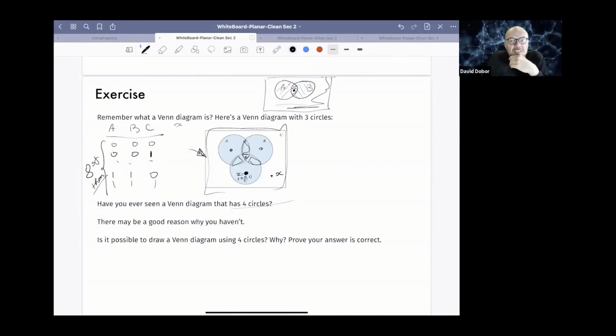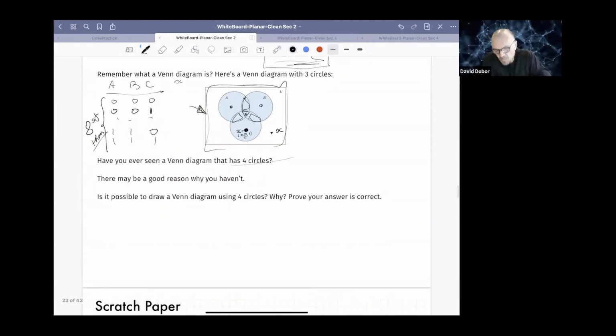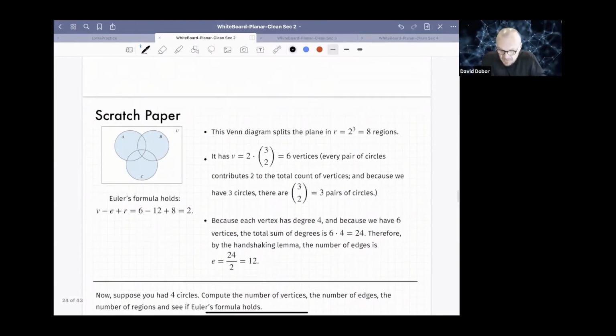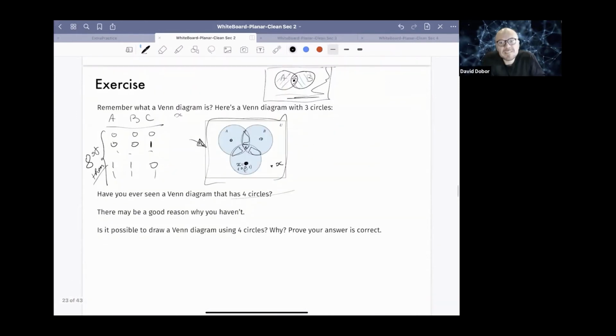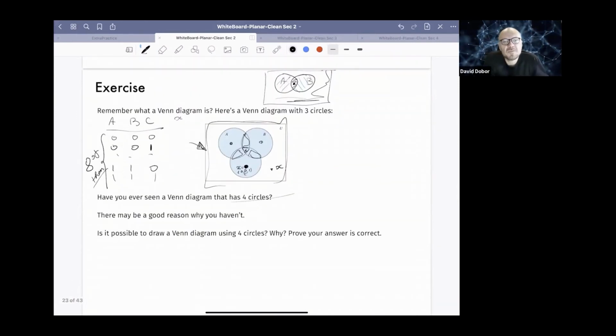Yes, okay. Venn diagrams like that do not exist because it's impossible to draw them. You can do it as an exercise from what we already proved, or maybe we'll do it next time, or today if time is left. It's impossible to draw 4 circles on a plane in such a way that you account for all these 16 bit strings.